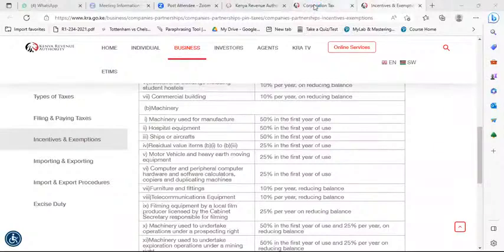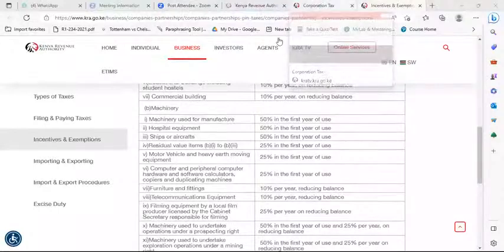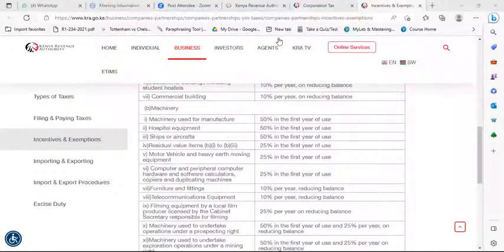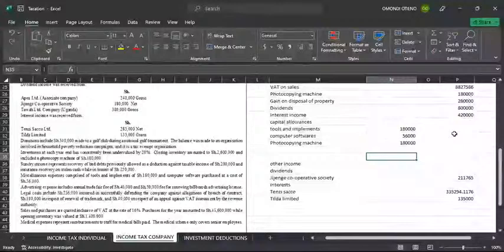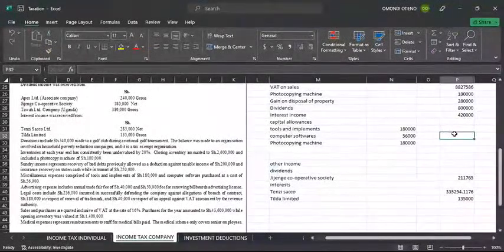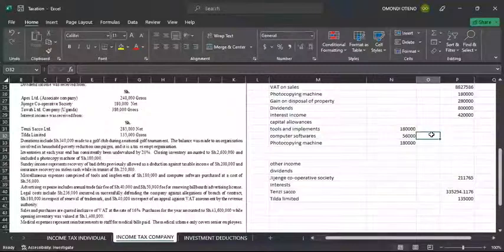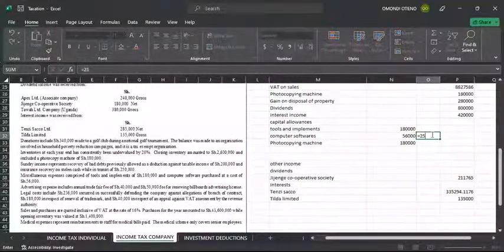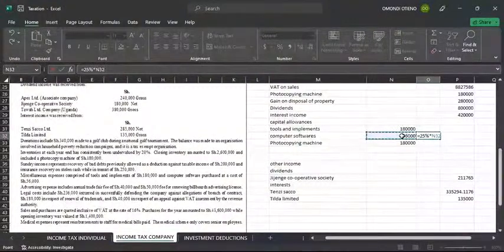So it means when you now get to that particular question here, we've seen that computer software, whatever we are going to deduct, which is allowed as capital allowance, is 25% of the value of that asset. 25% of the value of the computer software.